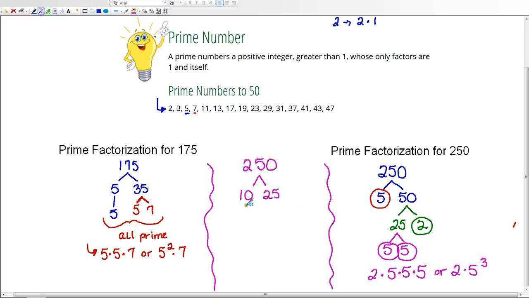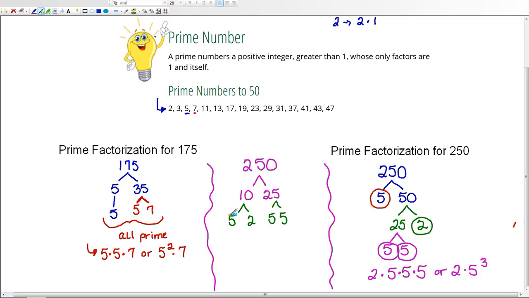Now at this point, 10 is not prime, and neither is 25. So I've got to branch off again for both numbers. So for 10, I know that 5 times 2 is 10. And for 25, I know that 5 times 5 is 25.